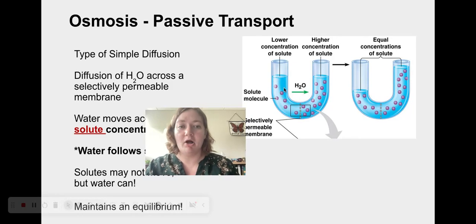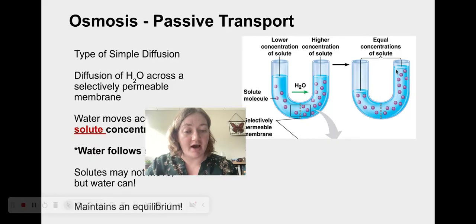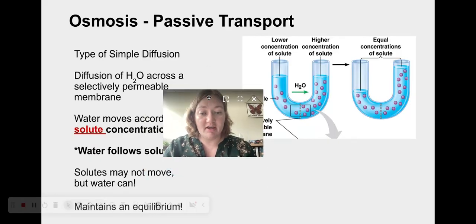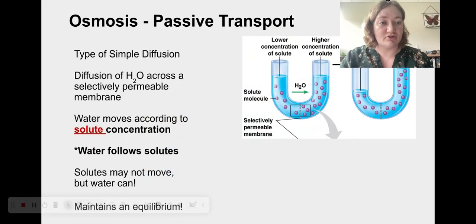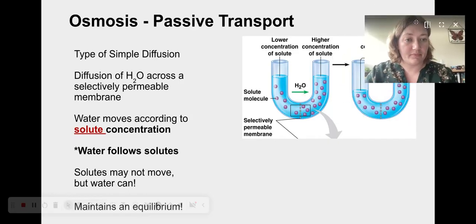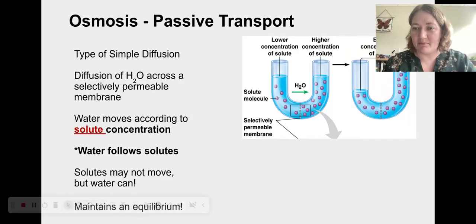Now remember that the solutes cannot move, but the water can. So the water is going to move to the other side in order to get an equal concentration on either side here.